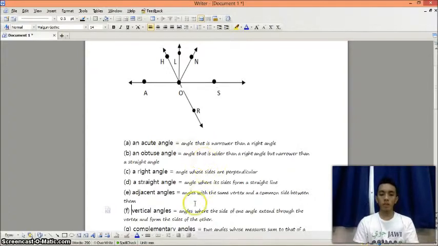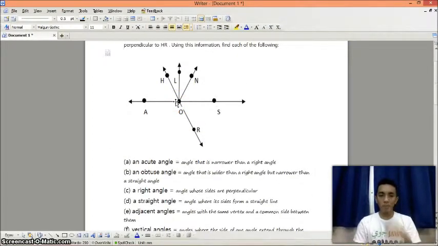A vertical angle is an angle where the side of one angle extends through the vertex and forms the side of the other. In this diagram, you can see the answer is angle HON also.